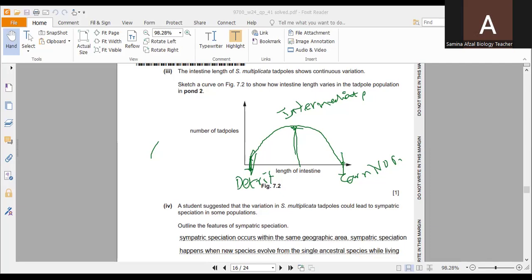It will start on the axis, and this will look like a classic bell-shaped curve. So this bell-shaped curve is showing the stabilizing selection in pond 2.